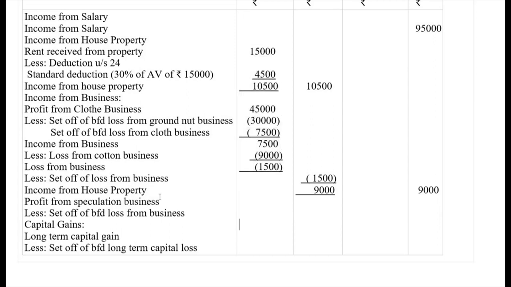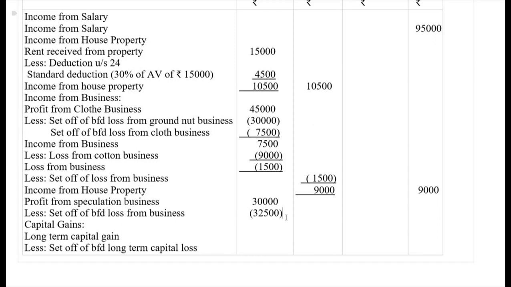So here it is a profit from business is given as rupees 30,000. So 30,000. There is a brought forward speculation loss which amounts to rupees 32,500. 32,500.